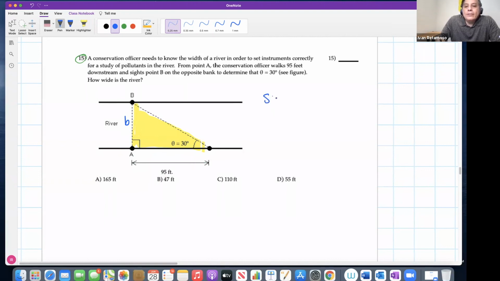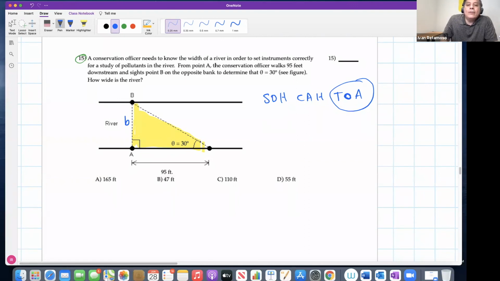So based on SOHCAHTOA, anyone could tell me what trigonometric function should be convenient for this problem? Is it sine, cosine, tangent? Jing, you made my day. Tangent, excellent. Why tangent? Because tangent relates opposite, which is this, and adjacent, which is this.